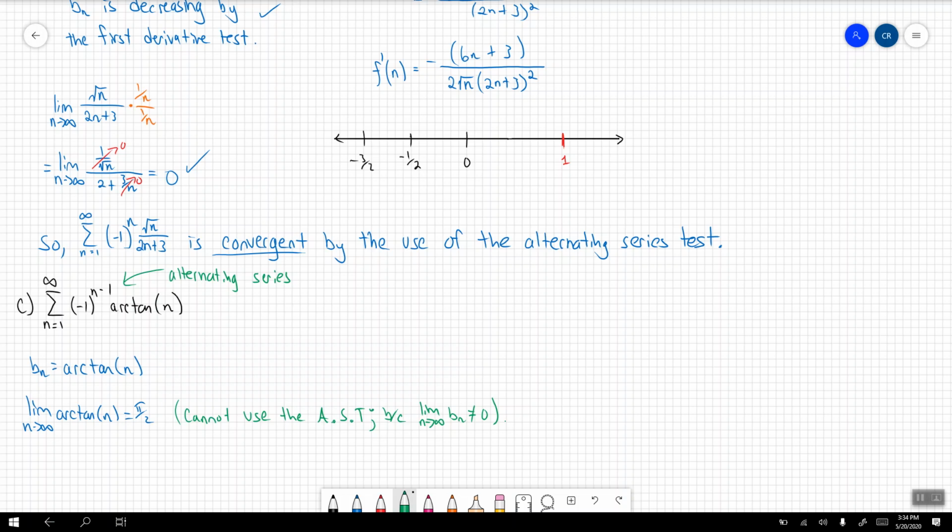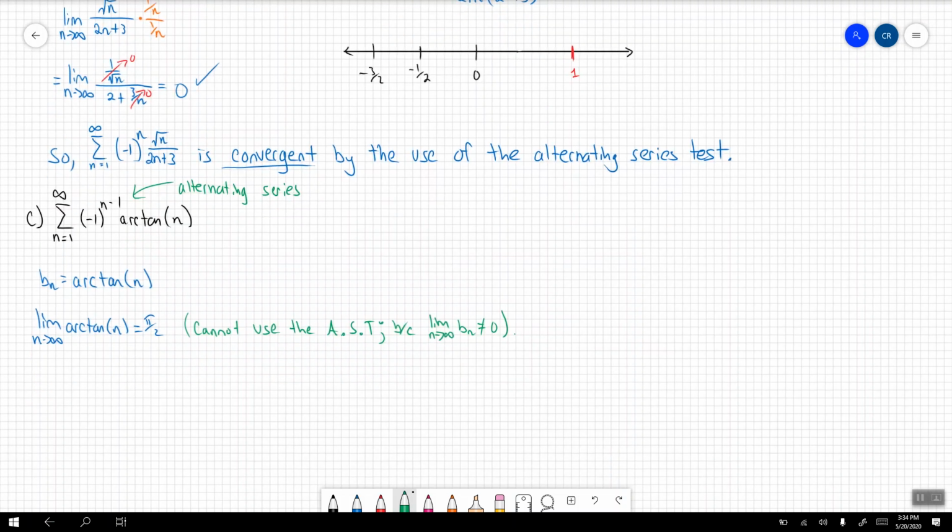What I'm going to say is we have a hint that it might not converge. We don't know that yet. So let's instead use the test for divergence.